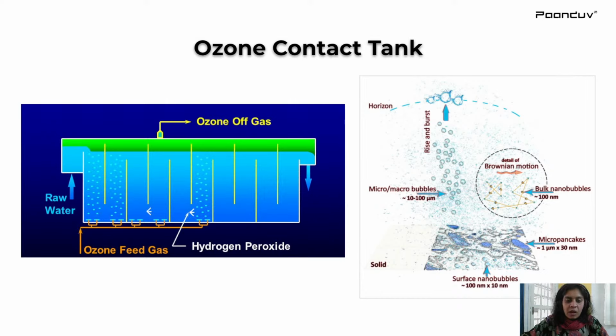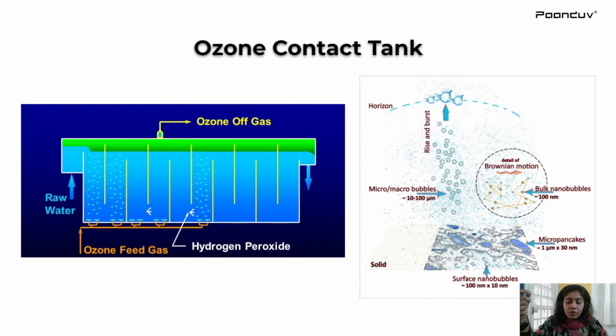The first one comes with the flow of the overall process, but the major challenge in ozonation tank comes with the retention time of ozone in water, because if you give larger bubbles to the system, due to buoyancy it will rise above and go to the surface and collapse. You have very low retention time in those cases.